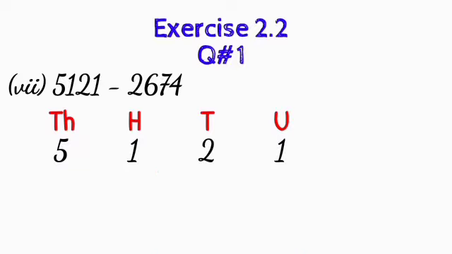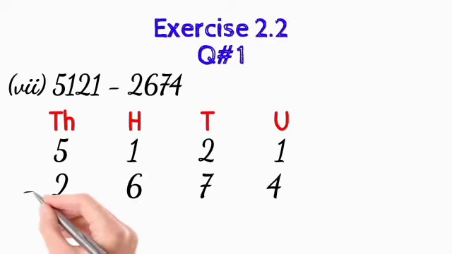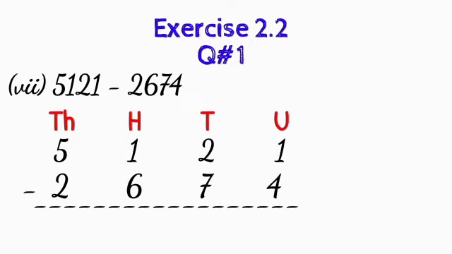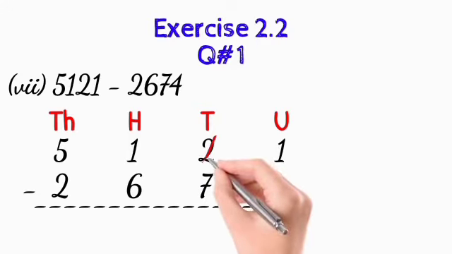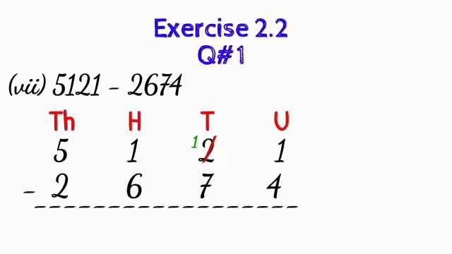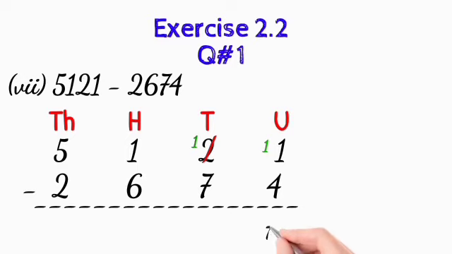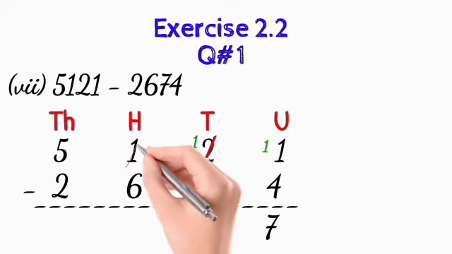For next number, we write 2 in 1000, 6 in 100, 7 in tens and 4 in unit place digits. Now we start subtraction from unit place digits. We can't minus 4 from 1. So we take 1 ten borrow from tens, 1 left there and 1 ten plus 1 becomes 11 units in unit place digit. So 11 minus 4 is 7. Write 7 in unit place digit.